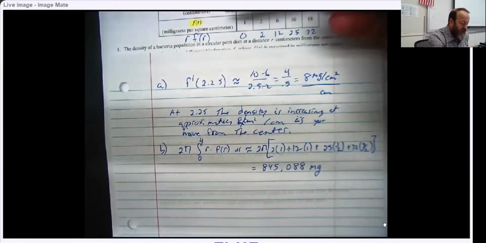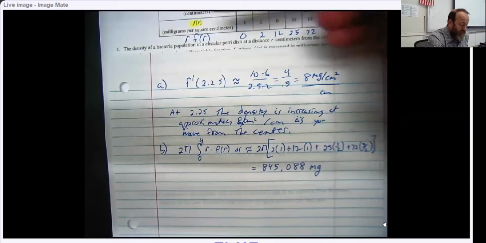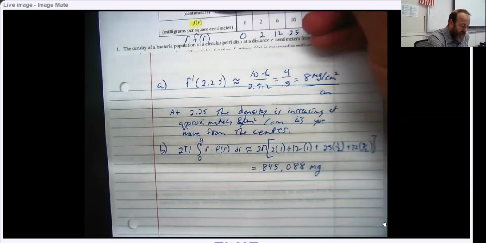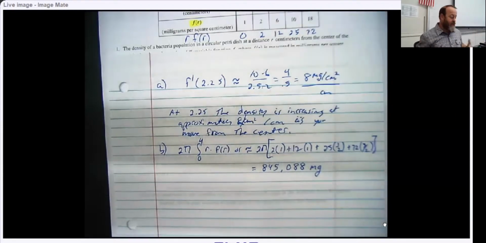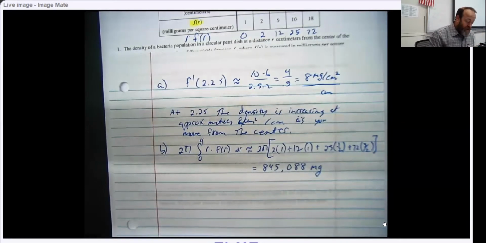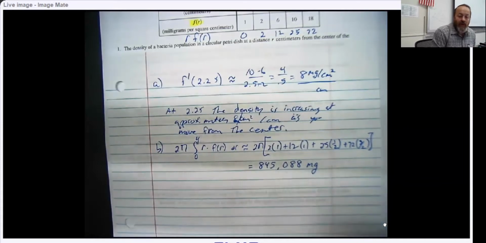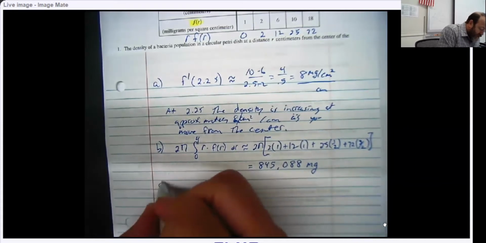Because if you take the square centimeter in the bottom, multiply it by another centimeter for f of r, but then when you multiply it by r itself, we lose another centimeter, and you just get milligrams. I get how much of that stuff, regardless of distance from the center. That's just how much of that medication is in the system.